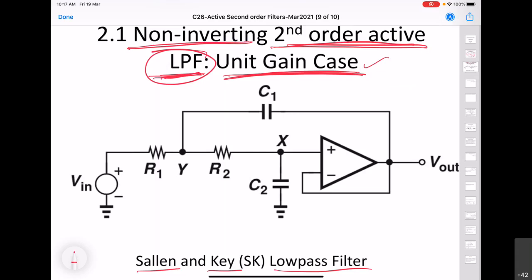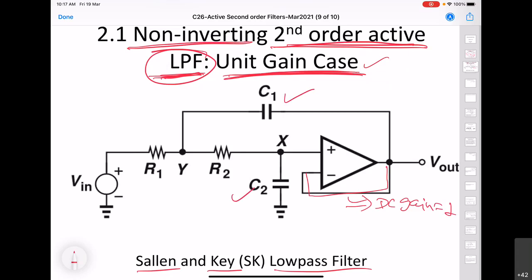So here we have this Sallen-Key second order active low pass filter with DC gain equal to 1. Here we have this negative feedback, which is responsible for DC gain equal to 1. Now you can see that we have two capacitors, which is typically the scenario encountered in second order circuits.